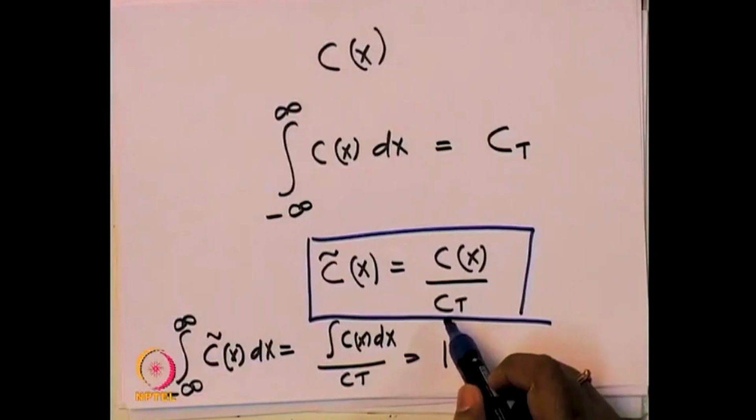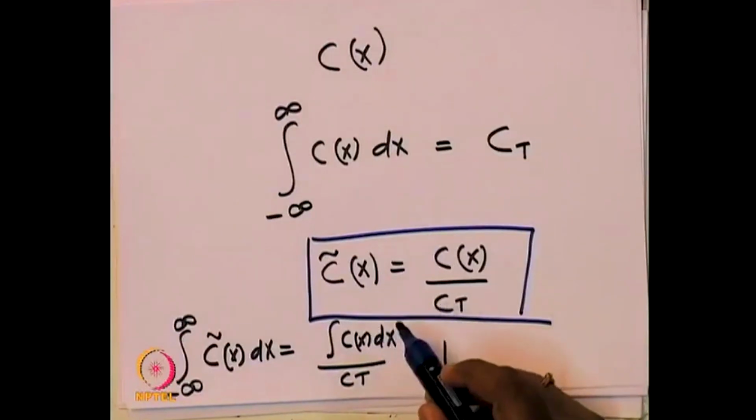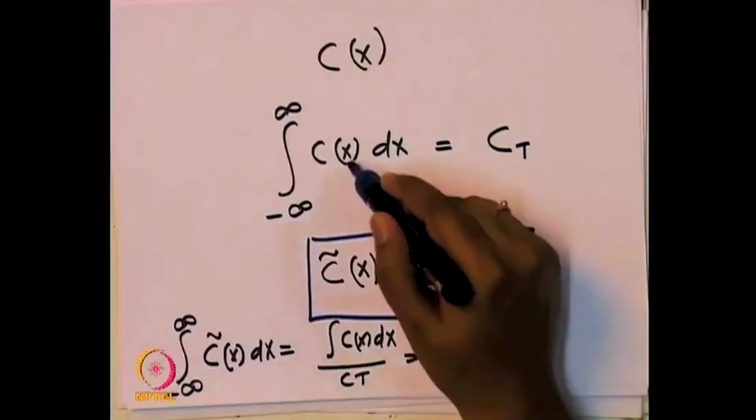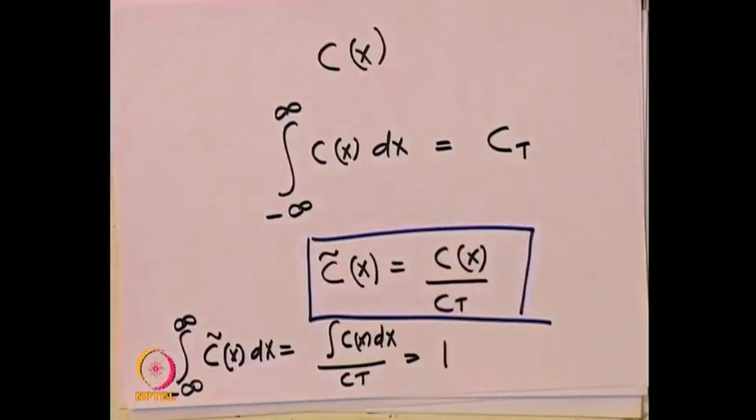In some sense, you can think of this as a percentage or a fraction, but it does not matter what it means. It is just a trick. We have this concentration, we divide it by a constant, and we can always divide by a constant, mathematically nothing changes, and we have a new function C tilde of x.